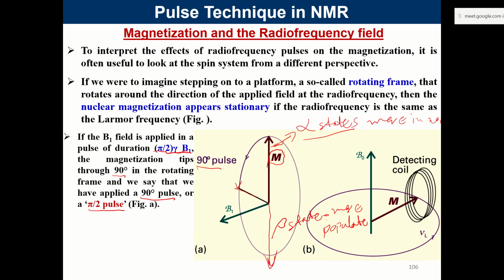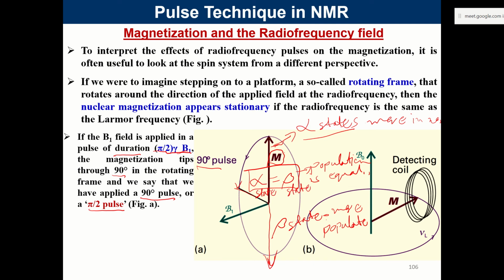A 90-degree pulse means when you apply that radio frequency for that short period, for that particular duration, you will achieve a population where alpha is equal to beta. In terms of population, the alpha and beta states are equal.